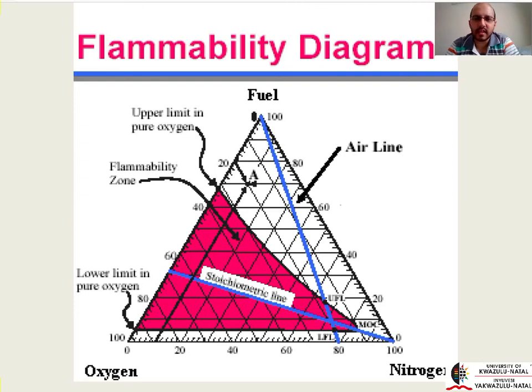Okay, now lastly, we can actually study the flammability of chemicals using a flammability triangle. Okay, so any typical environment, you typically have a fuel, and that fuel is burning in air, and air contains mostly oxygen and nitrogen.